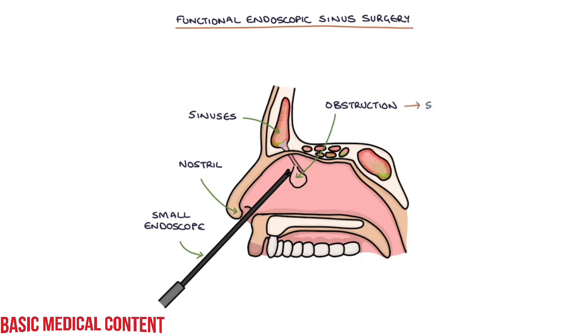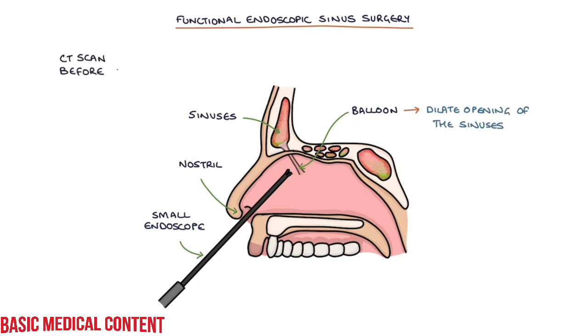Obstruction may be caused by swollen mucosa, bone, polyps, or a deviated septum. Surgery to correct a deviated septum is called septoplasty. Balloons may be inflated to dilate the opening of the sinuses. Patients will need a CT scan before the procedure to confirm the diagnosis and assess the structures.